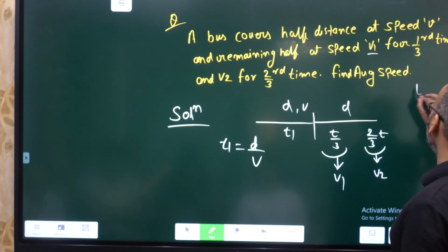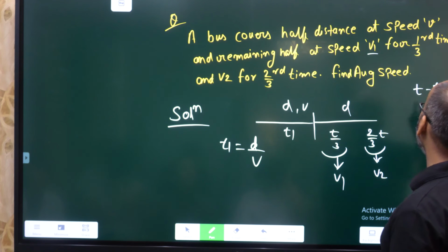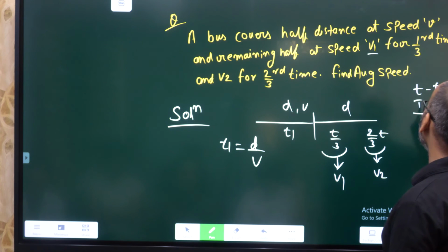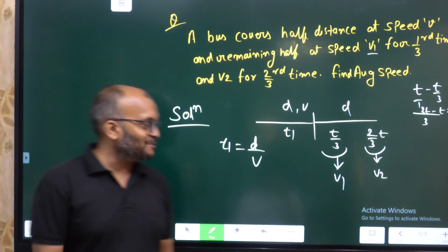If total time is T and he is traveling for 1/3 time, that means T minus T upon 3, so it comes out to be 2 upon 3 T.